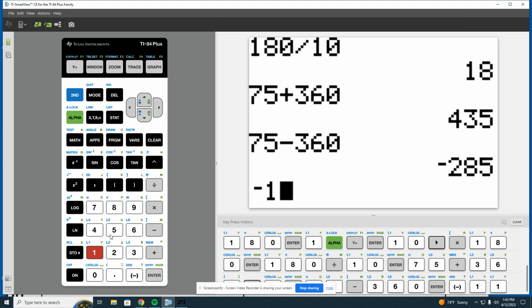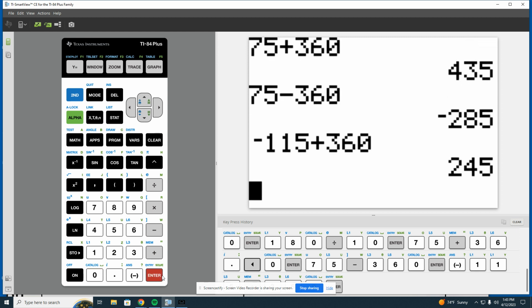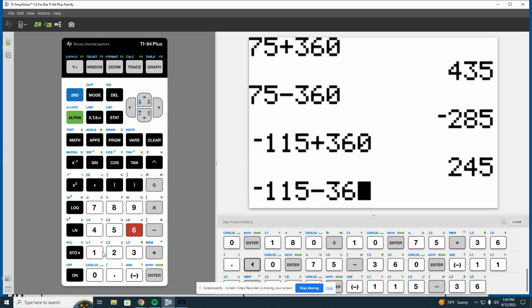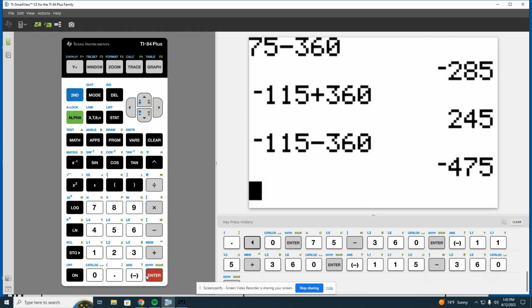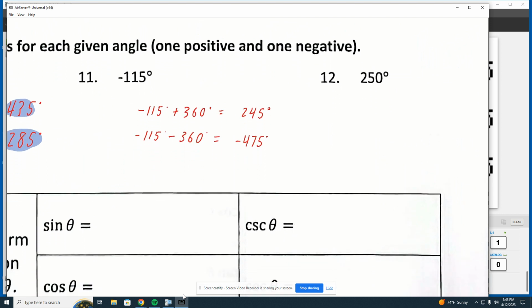Negative 115 plus 360 will give me a coterminal angle at 245 degrees. And then one more at negative 115 minus 360. And that is negative 475. So that's about as easy as you can make a problem. Honestly, you're literally just adding and subtracting 360 because it gets it all the way back around.